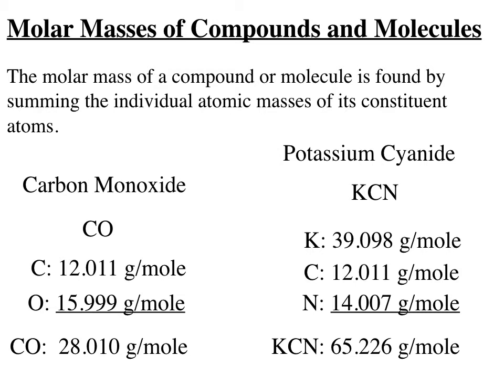Now, one more thing I want to mention before we leave this slide is that the significance of the molar mass determination depends on how accurately you know each individual atomic molar mass. So if you have atomic molar masses to different numbers of decimal places, then the best you can report the accuracy of their sum to make a molecular molar mass would be only to the one with the limited amount of decimal places.